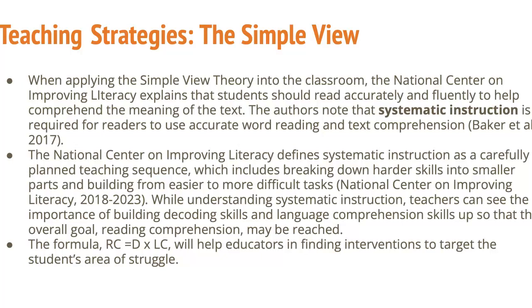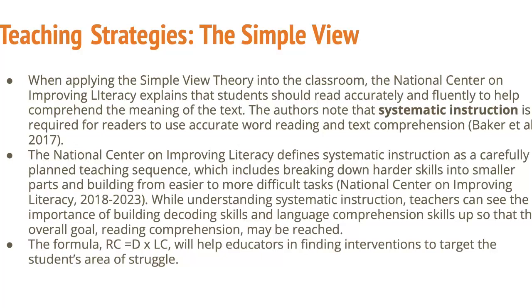The National Center on Improving Literacy also defines systematic instruction as a carefully planned teaching sequence which includes breaking down harder skills into smaller parts and building from easier to more difficult tasks. While understanding systematic instruction, teachers can see the importance of building decoding skills and language comprehension skills up so that the overall goal, which is reading comprehension, may be reached.